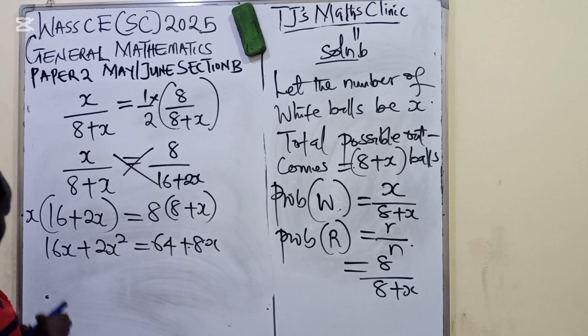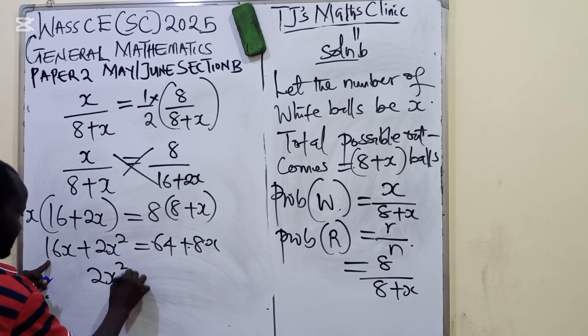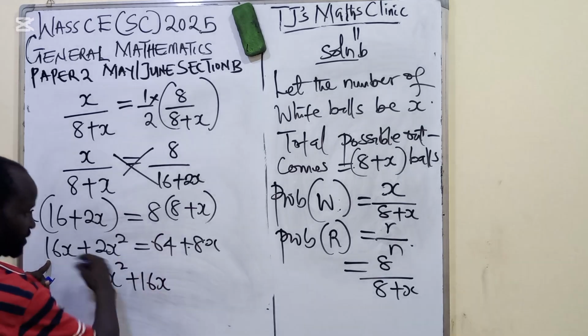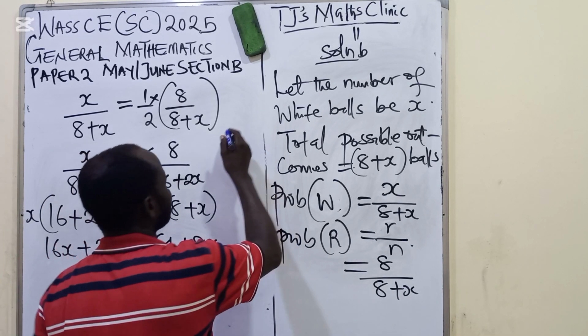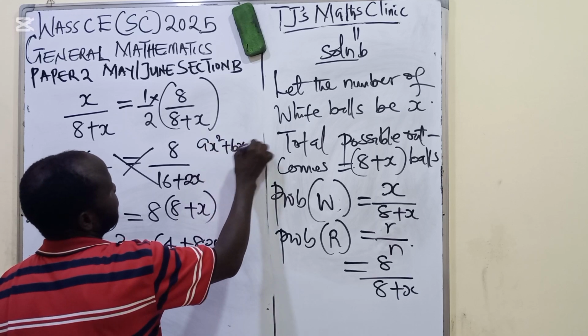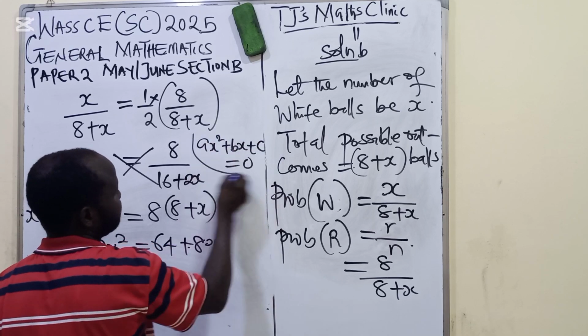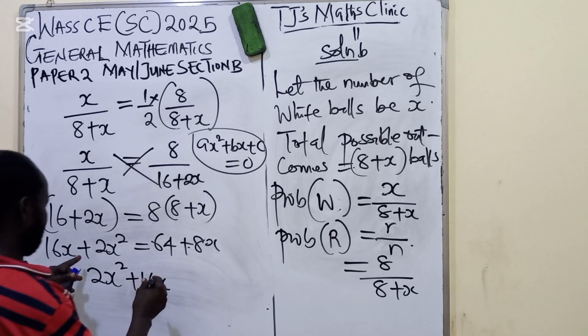Let's rearrange. This will be 2x squared plus 16x. Let me rearrange everything and equate it to 0, because a quadratic equation is of the form ax squared plus bx plus c equals 0. So we have to rearrange everything to look like this. Very important.